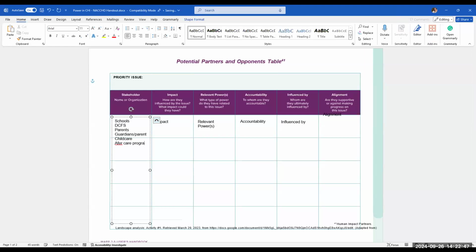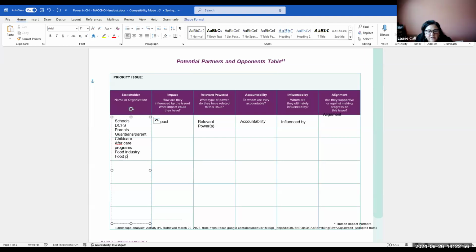Aftercare programs, food industry, pantries, Park District, pediatricians, doctors. So what you would do is brainstorm these and plug them into this potential partners and opponents table. So let's take a couple of these and just work across here.